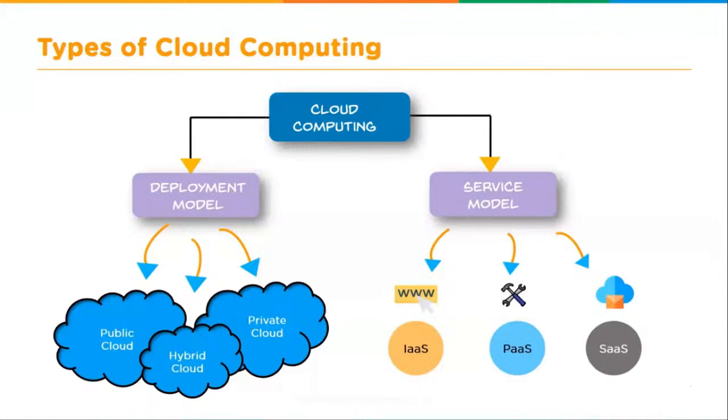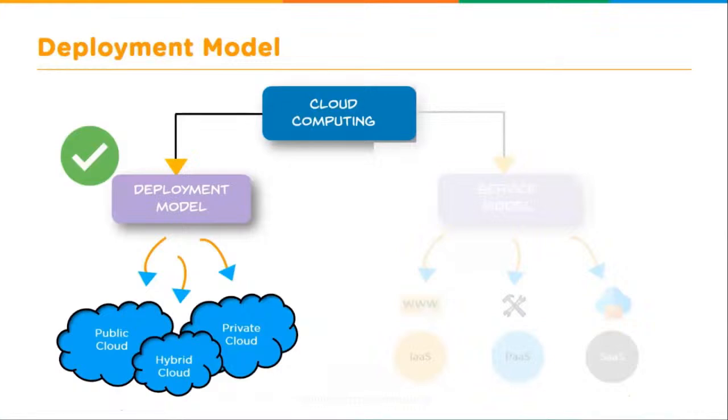One being the deployment model and the other one is the service model. Let's talk about the deployment model first. The deployment model is categorized into three types. The first one is public, then private, and then hybrid cloud. In other words, public cloud, private cloud, and hybrid cloud.